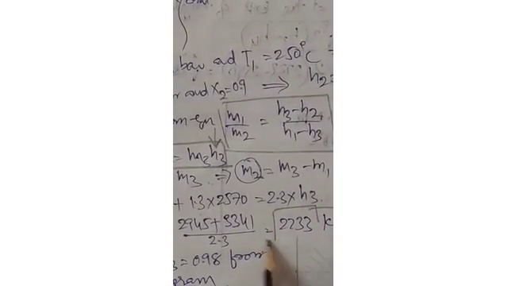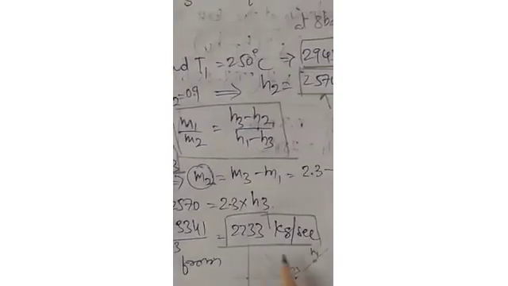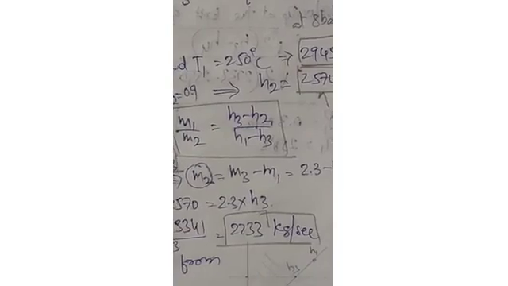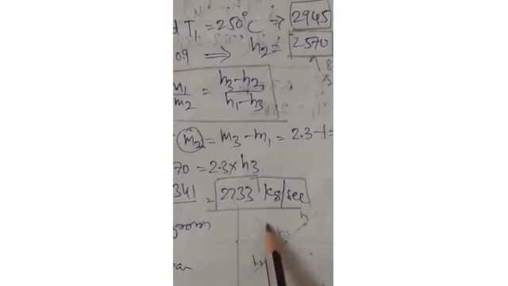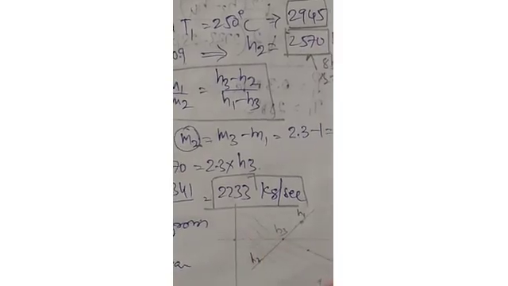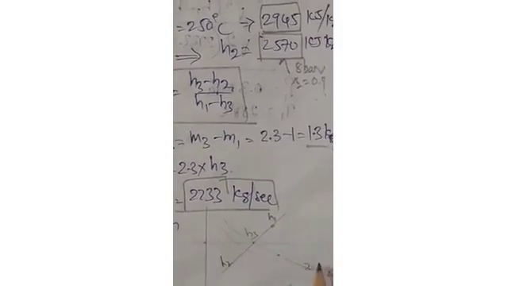So from this equation we get H3 is equal to 2733 kJ per kg. Now, by looking at the Mollier chart, we can decide which line of X the H3 is meeting, and the condition of steam is about 0.98.